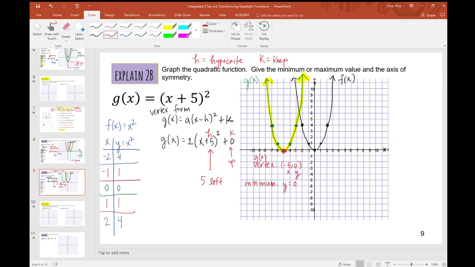And our axis of symmetry is the line that cuts the parabola in half. Our axis of symmetry is at x equals -5.